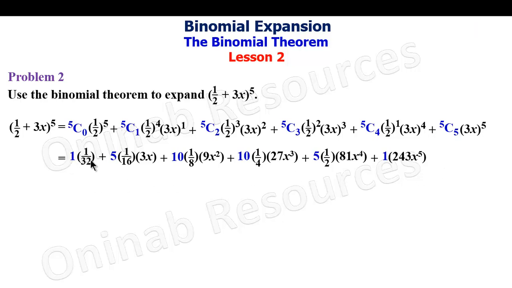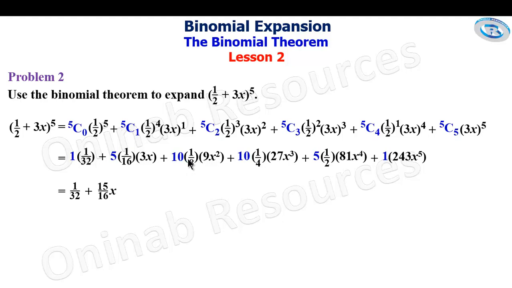So we simplify finally. This is giving us 1 over 32. This is giving us 15. 5 times 3 is 15 times 1 over 16 will give us 15 over 16x.